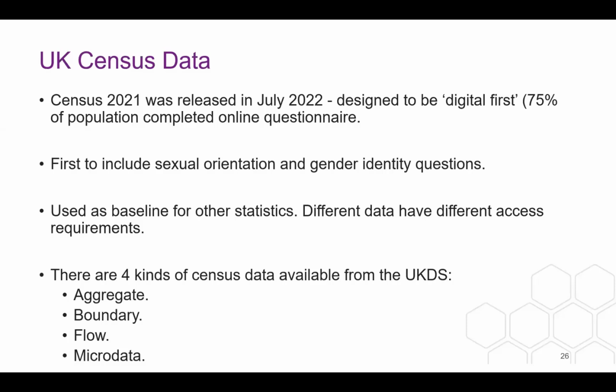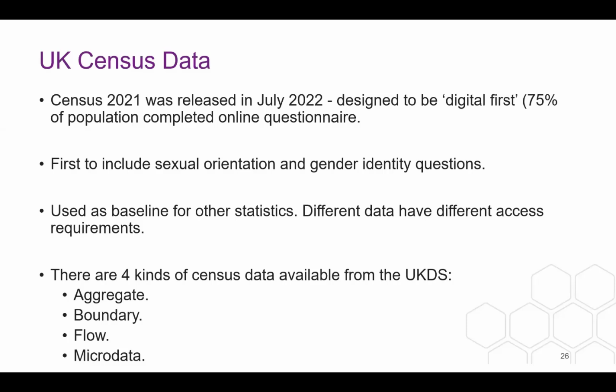So the census data aims to cover 100% of the population and is used as a baseline for other statistics. It contains detailed combinations of characteristics in a range of topics. The data is available in many geographies, and this makes it possible to reliably compare the different areas, which makes it so unique.